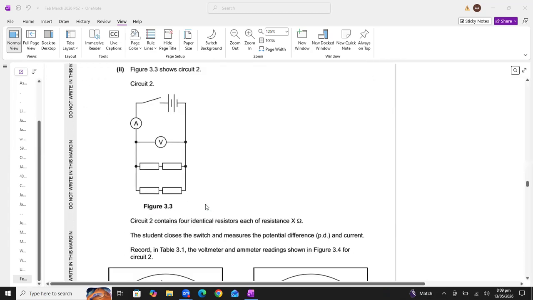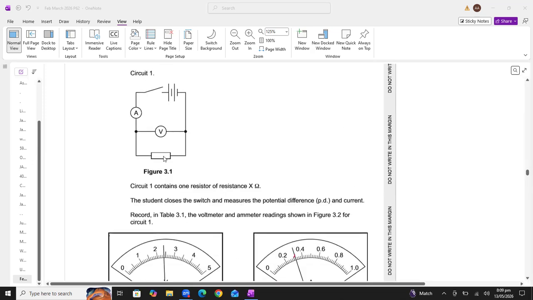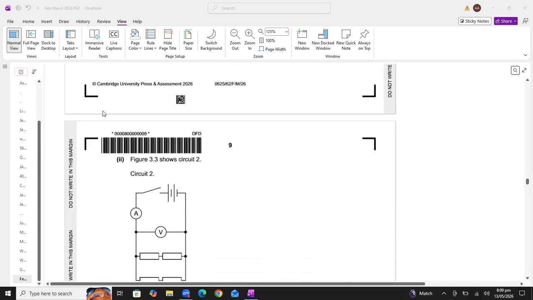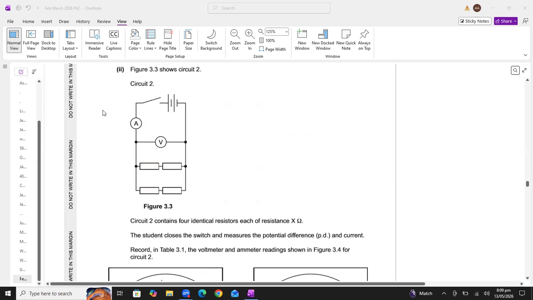Now students, in the next part, they are saying figure 3.3 shows circuit 2. So you can see this is circuit 2. In circuit 1, there was only one resistor and its resistance is X ohm. Now this is another circuit, and circuit 2 contains 4 resistors.